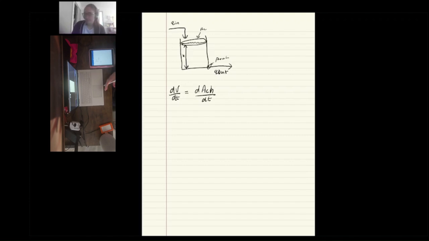What we know about this specific problem is that the height of the liquid is changing, but not the cross-sectional area. So we can pull the cross-sectional area out of that derivative. So we have the cross-sectional area times dh/dt, right?